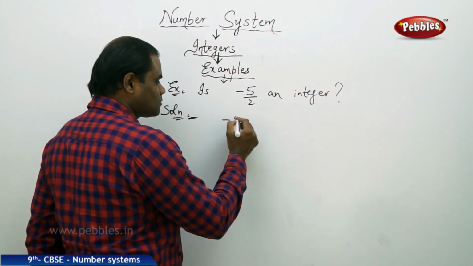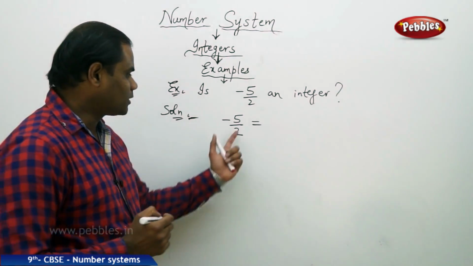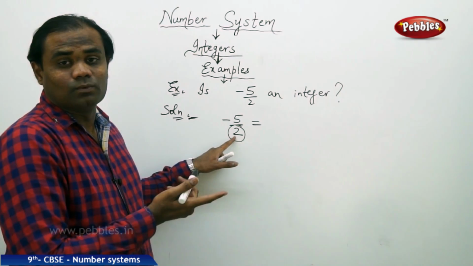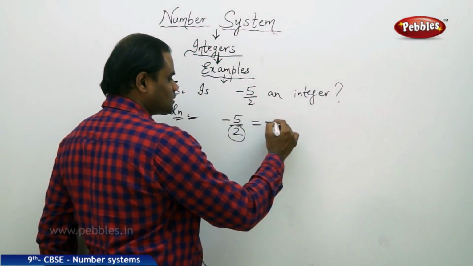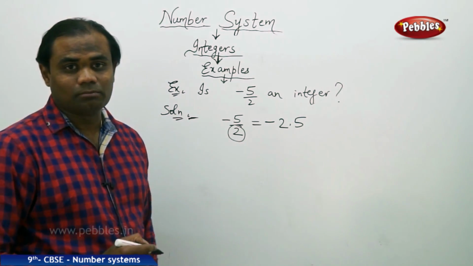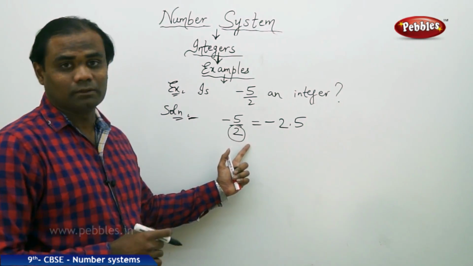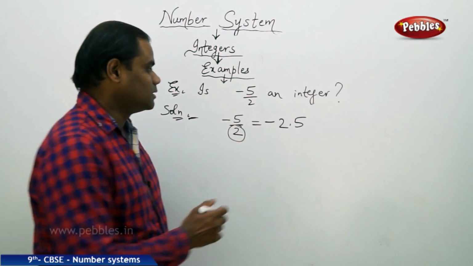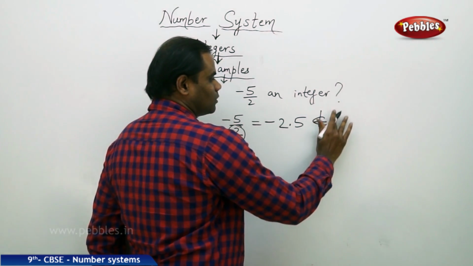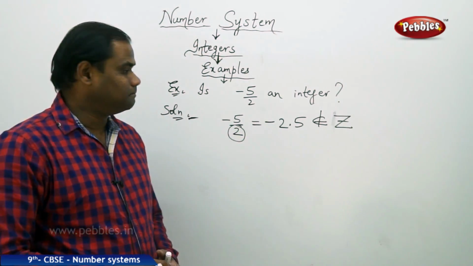Now clearly minus 5 by 2 is in the fraction form, which cannot have the denominator as 1, but other than 1 it is 2, and therefore this can be expressed only as a decimal form but cannot be expressed as a non-decimal form with the denominator 1, and therefore this is clearly not an integer, not a natural number or a whole number.